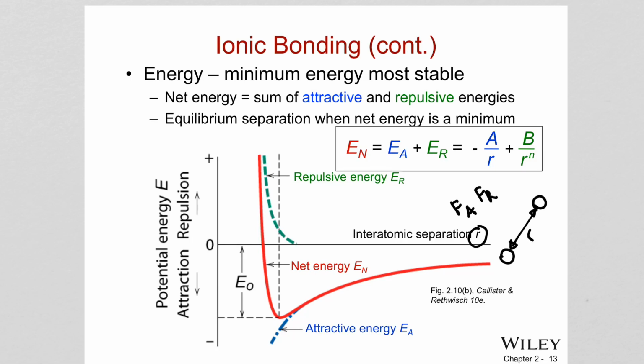This starts from the center of the atoms. Of course in ionic bonding, one is positively charged, one is negatively charged, so they will start to attract each other.